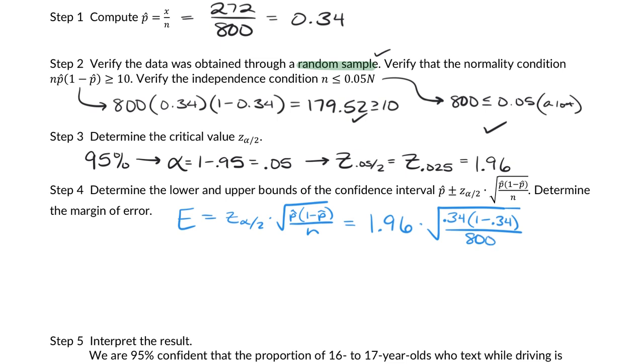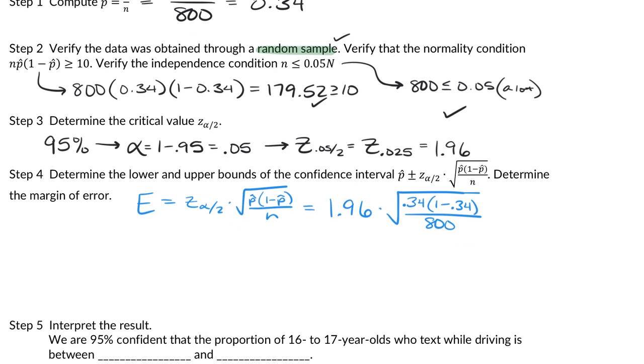Throw that in a calculator, please. We're going to round to 3 decimals here. 0.033. Awesome. So we have our margin of error.